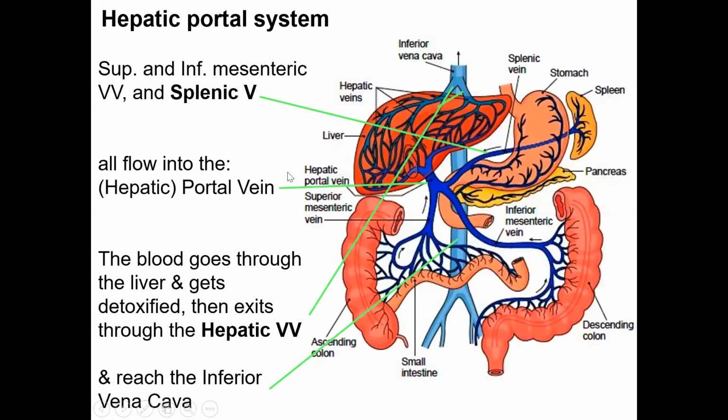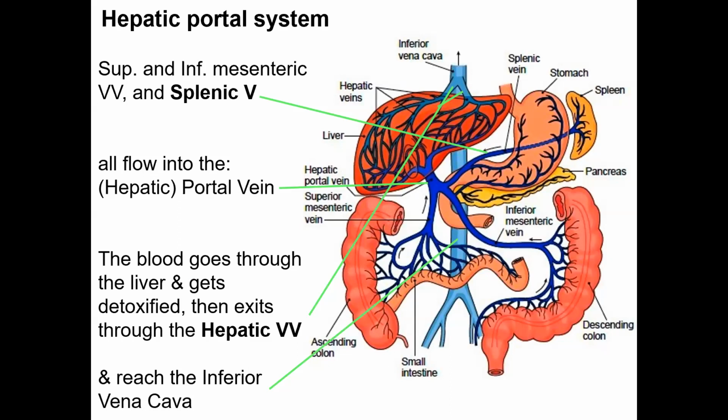All right, let's speak here about the portal system. So the portal system is connected to portal circulation. We've talked about what a portal circulation is, and we looked at an example of a portal circulation when we looked at the endocrine system last semester. So we talked about a portal circulation being anytime blood flows from one organ to another organ via a vascular bed without returning to the heart.